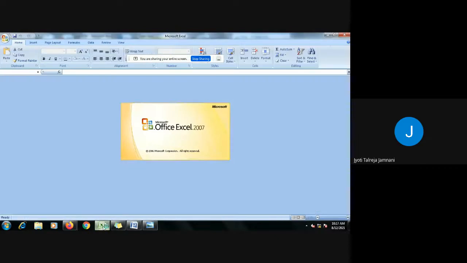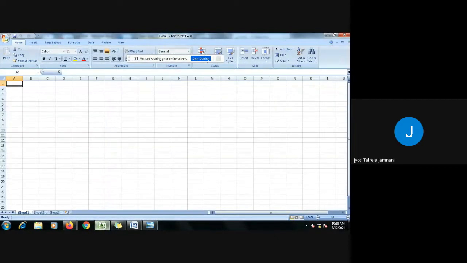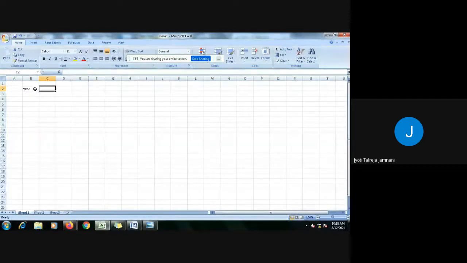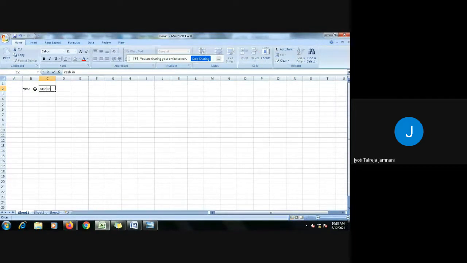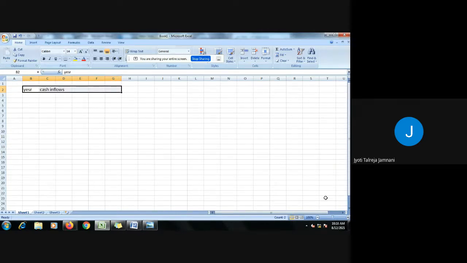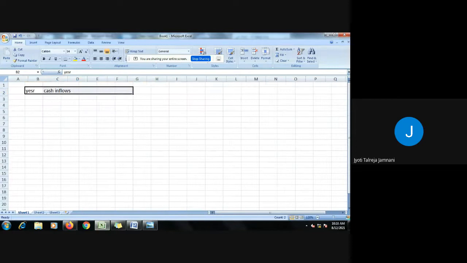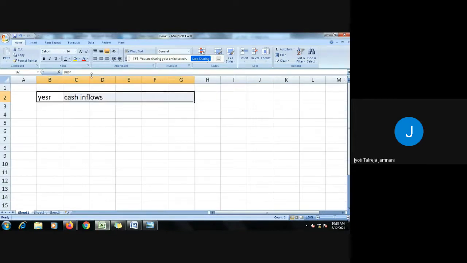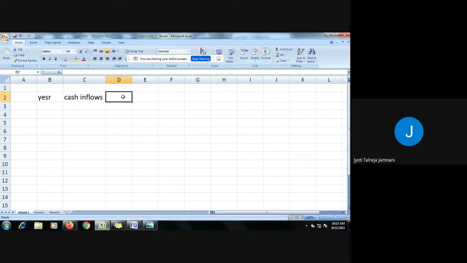I'll show it in an Excel sheet for you so that it becomes easy. So the first column that we will have to make is year, then the cash inflows, then we need the present value interest factor at the cost of capital.